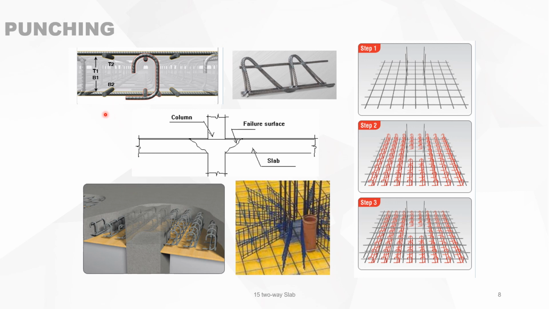For the reinforcement for punching shear, there are different models or different methods. The most common method is this shaped stirrup. You can also have other stirrups, combined stirrups, and you put the reinforcement within the first critical failure surface.